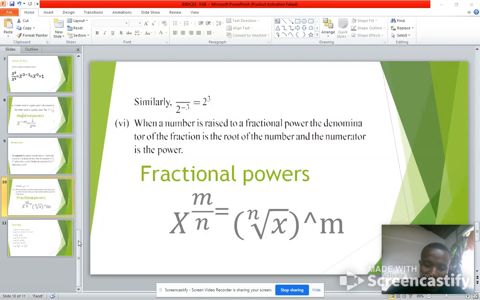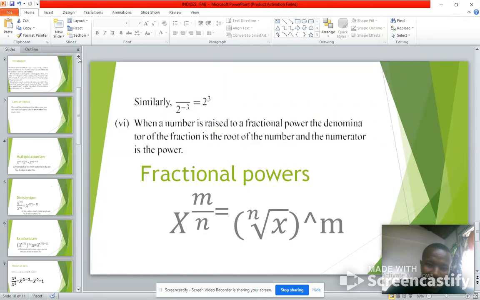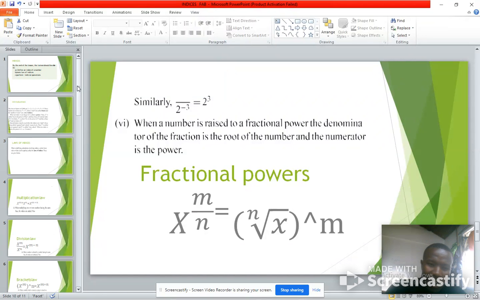So I'm saying we want to solve 4 raised to 2 multiplied by 4 raised to 1. So my students, that was our first law, which is in our fourth slide, stating the multiplication law.